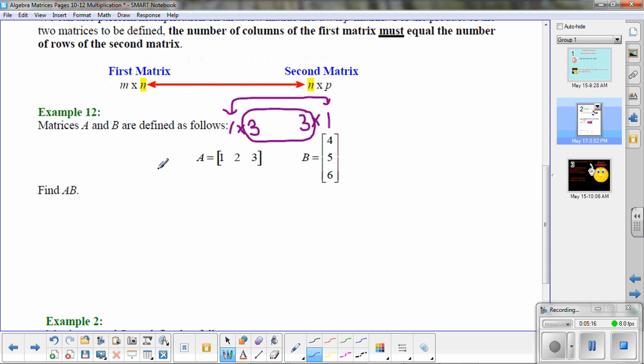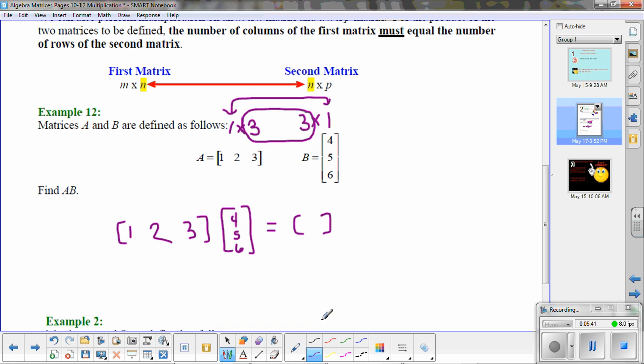So now if I want to find A times B, I'm going to go ahead and write it out. The answer to that is going to be a 1 by 1 matrix.